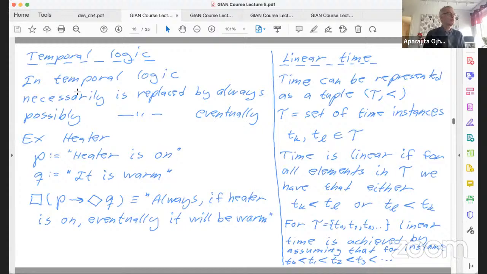So then it's interesting that people can start to talk about branching time, which I will soon come back to. But that means something different, where this property of the relation between two time instances is not that simple, that every time either the first is less than the second or the second is less than the first one.